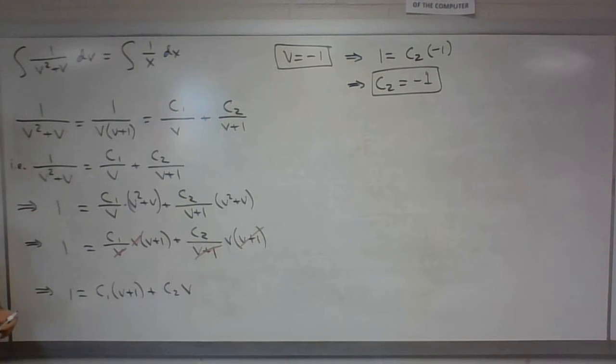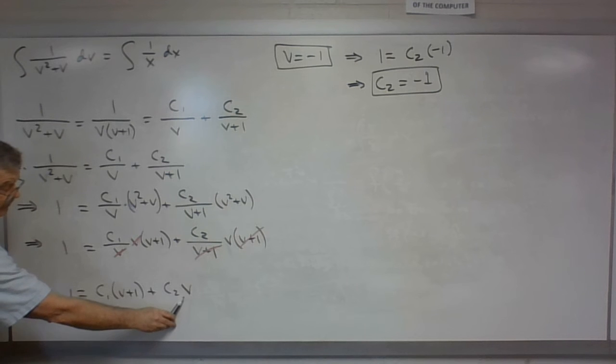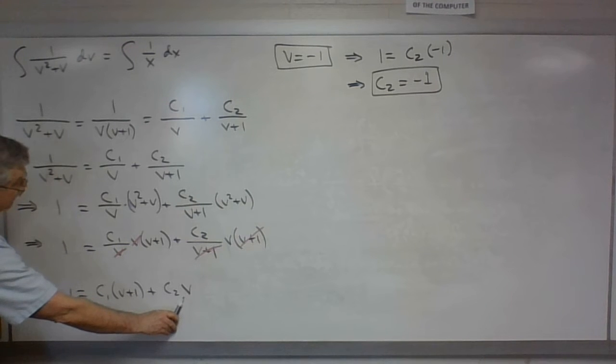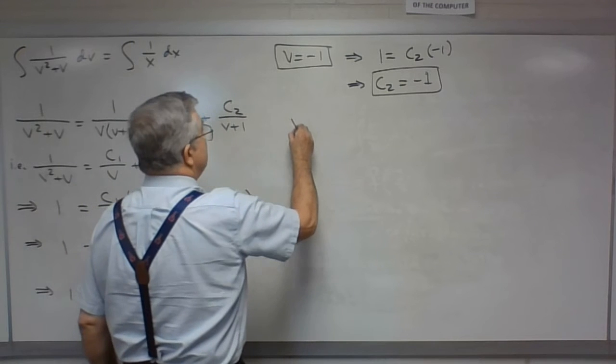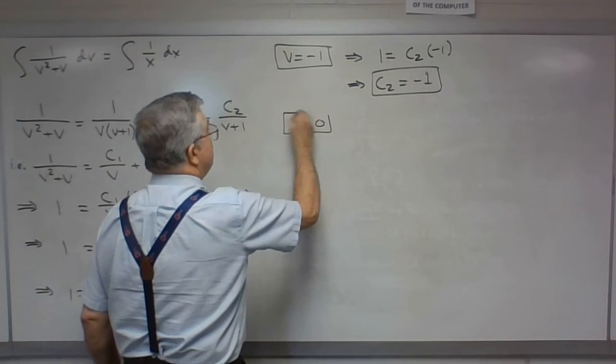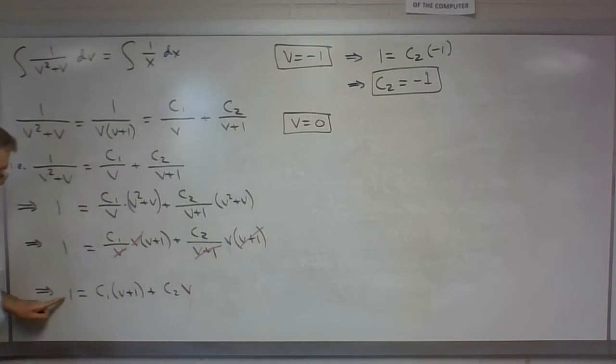Let's do it again. What choice of V could I make so that this term disappears? V equals 0, right? So I'll let V equal 0. And on the right-hand side, I have 1.